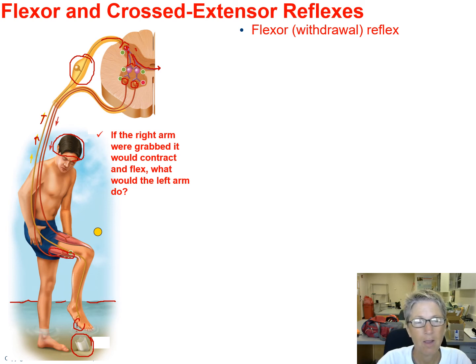So we've got contraction of the hamstring, and at the same time you want to relax your quadriceps because you're contracting your hamstring. You can't have both contracted at the same time unless you're doing isometric exercises. So you contract your hamstring really strongly. That means you relax your quadriceps. So see this interneuron that goes out to the quadriceps here is going to have an inhibitory effect on the quadriceps.